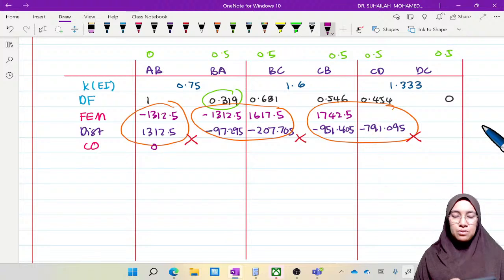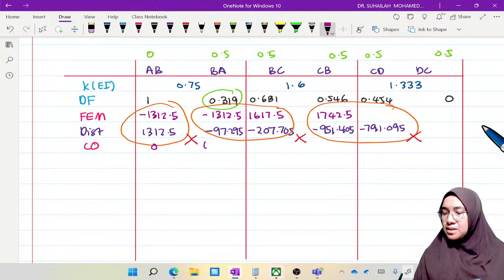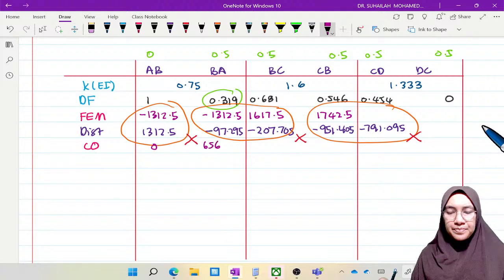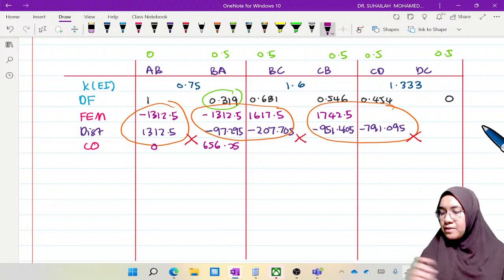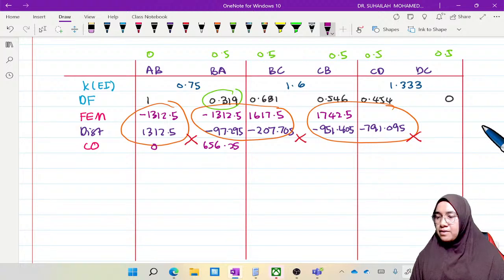So it is 1312.5 divided by 2. We get 656.25.